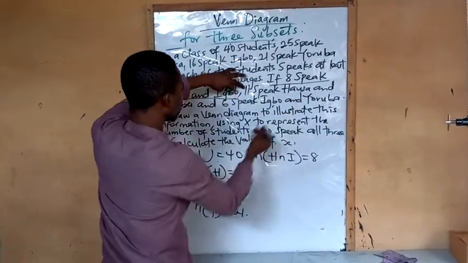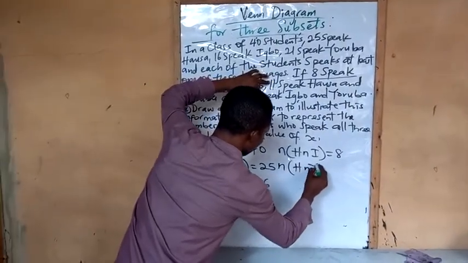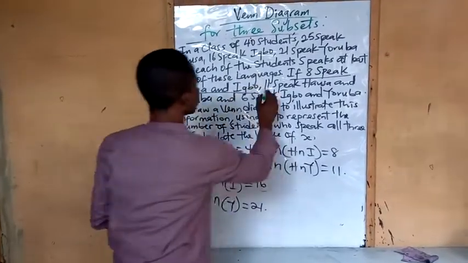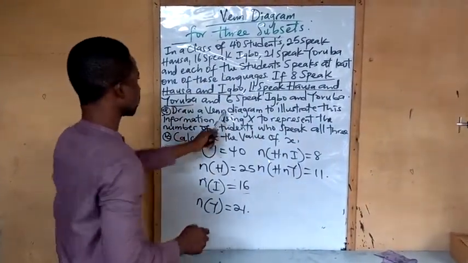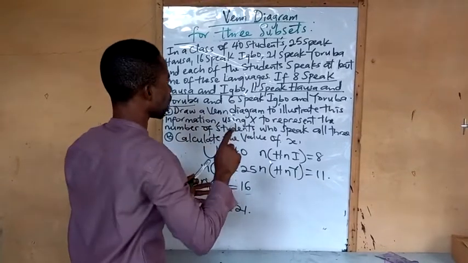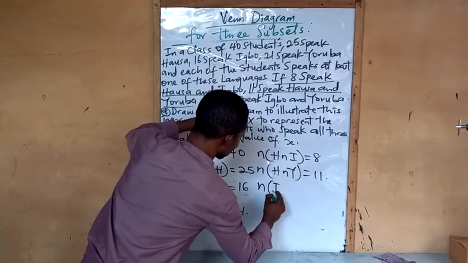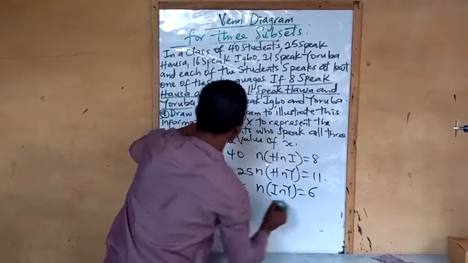That means the number of people that speak Hausa and Yoruba is 11. And 6 speak Igbo and Yoruba. The number of people that speak Igbo and Yoruba is 6.